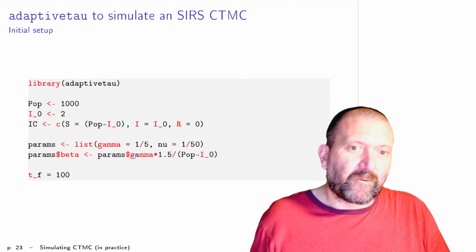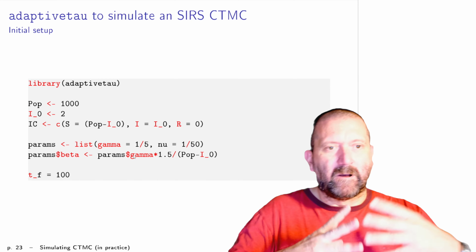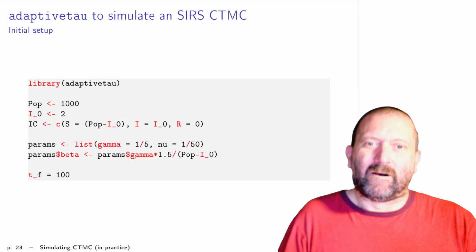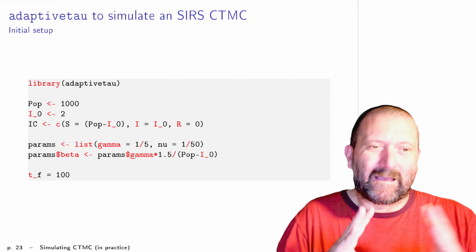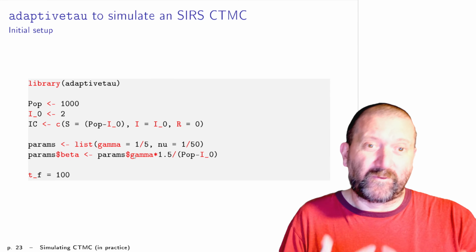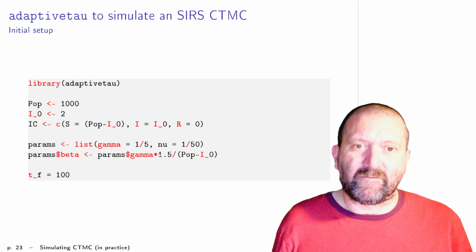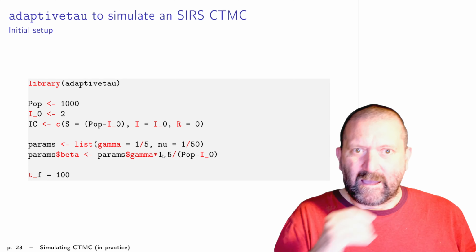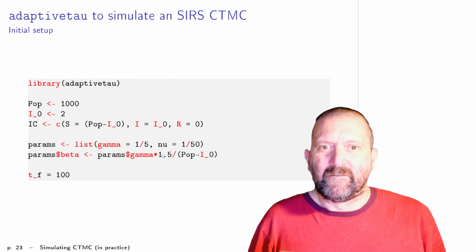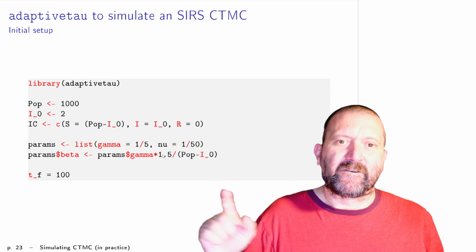And finally, I'm going to compute the transmission parameter beta. Instead of picking some value, I'm going to assume that the reproduction number is 1.5, which is what you see here. Because that reproduction number is 1.5, I can get beta.